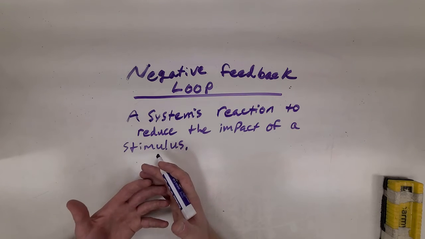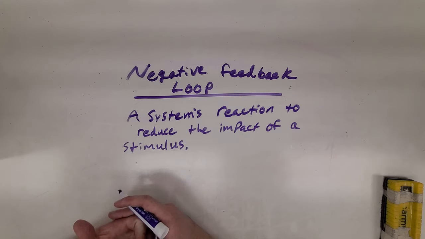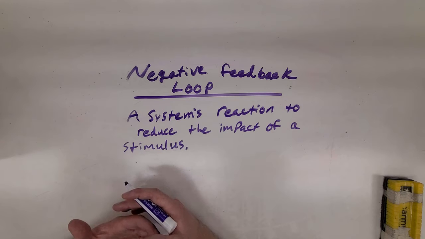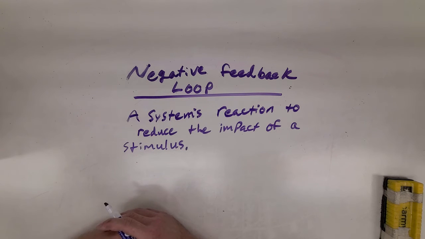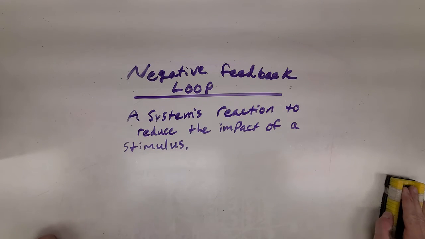If you have lots of sugary foods, your blood sugar will start to spike, and then under normal conditions your body will undergo certain cellular processes in order to reduce the blood sugar. And we'll talk about a few examples. Let's go ahead though and diagram what a negative feedback loop is, and then we'll take a look at some human body examples of homeostasis and how the body maintains homeostasis through negative feedback loops.